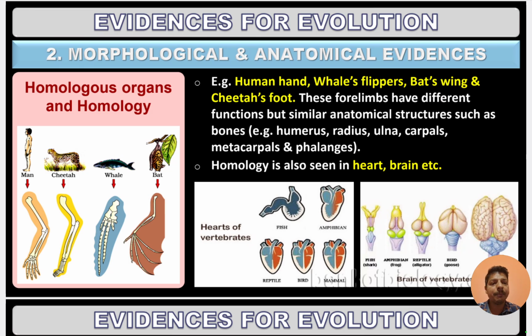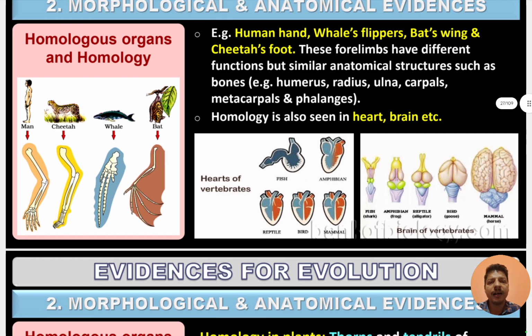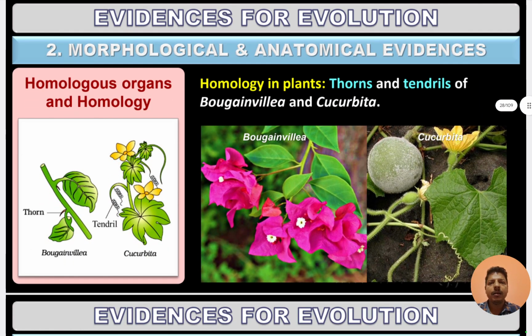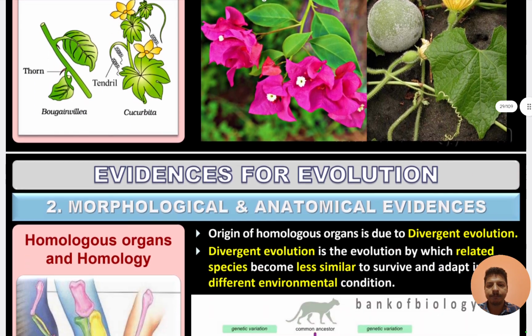Homology is also seen in hearts and brains, etc. As you can see, fish have a one-chambered heart, amphibians a three-chambered heart, and reptiles, birds, mammals, and the brain of vertebrates like fish, amphibians, reptiles, birds, and mammals show similarities in structure, but their functions are different. Then, homology in plants, like thorns and tendrils of Bougainvillea and Cucurbita, are also homologous organs.